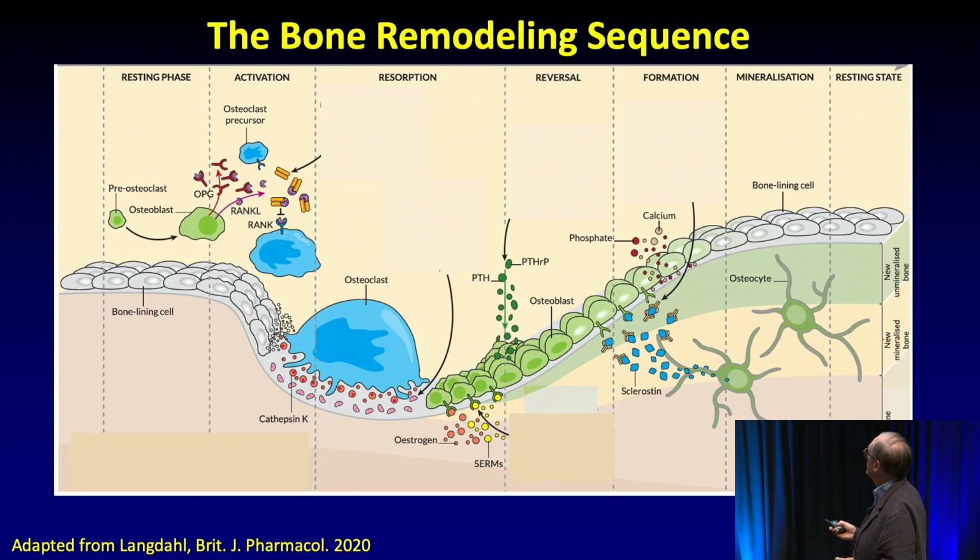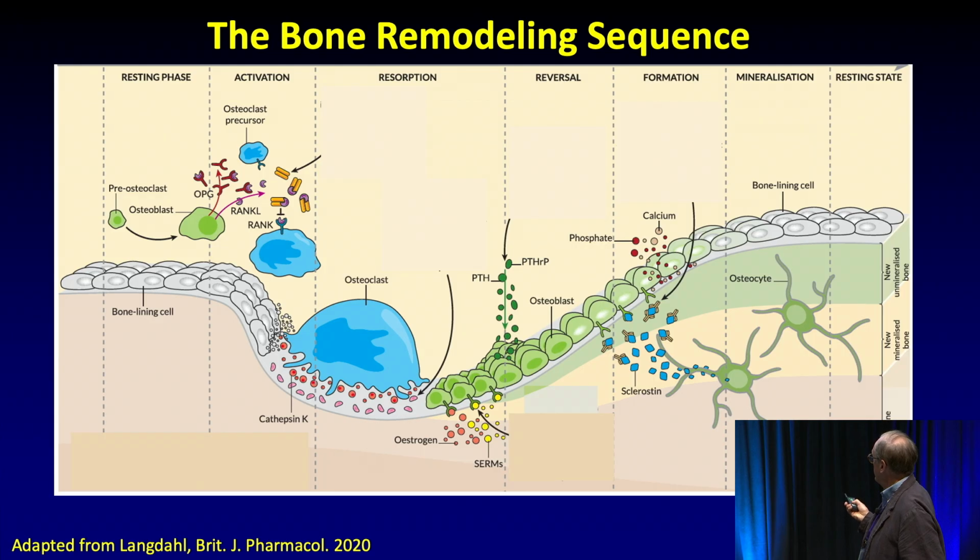And just to describe it briefly here, if you start from inactive surfaces, the first event is an osteoclast and bone resorption. And what this cell does is to remove tissue that for some reason needs to be removed, either that it's too old tissue or that it needs to be adapted or that the body needs calcium and phosphate.